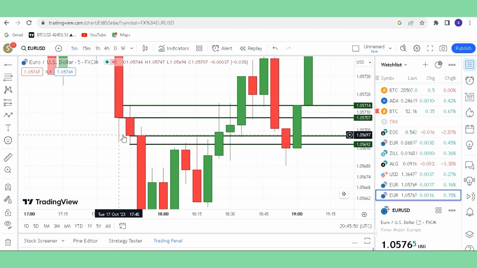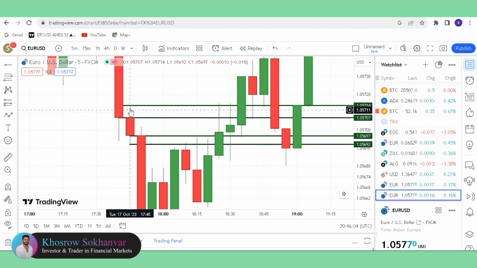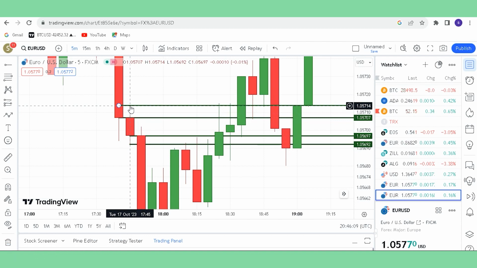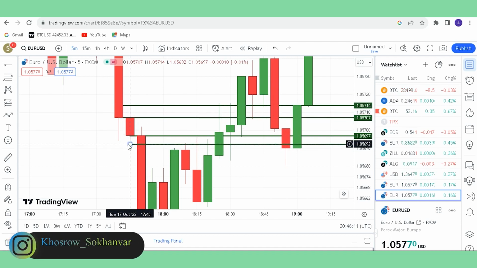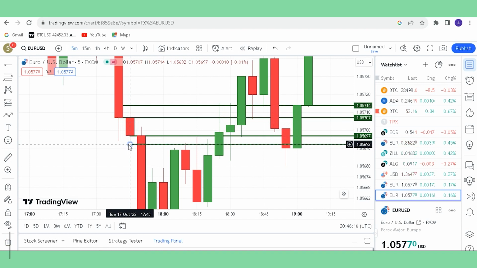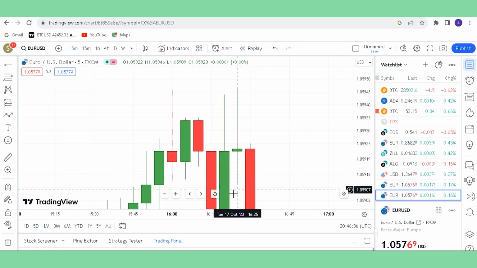At the end of this period, the price was 1.05697, and during these 5 minutes, the price went up as high as 1.05714 and dropped as low as 1.05692.